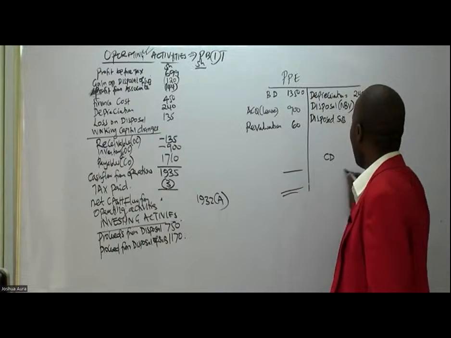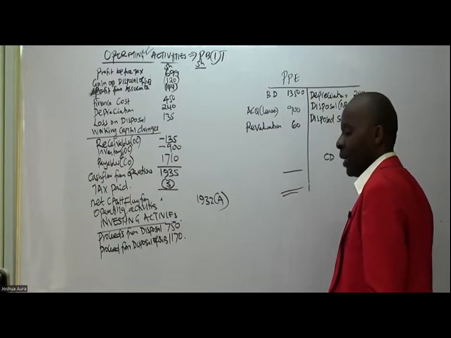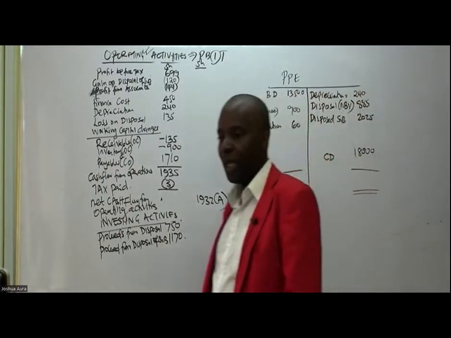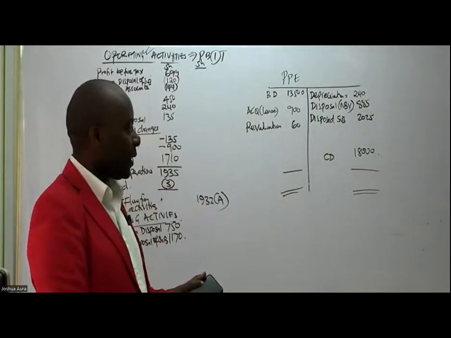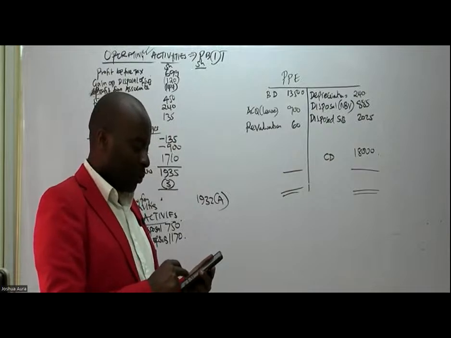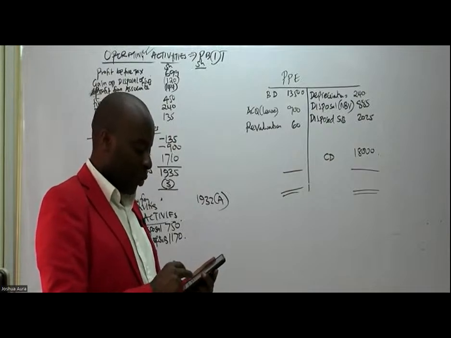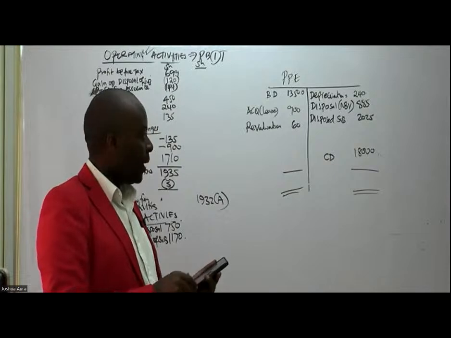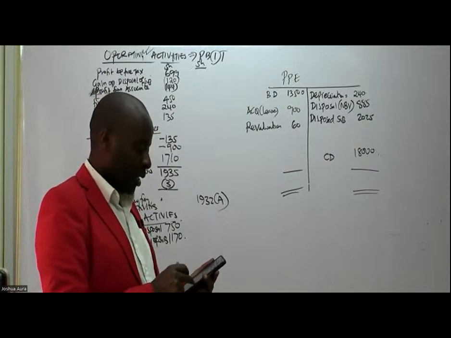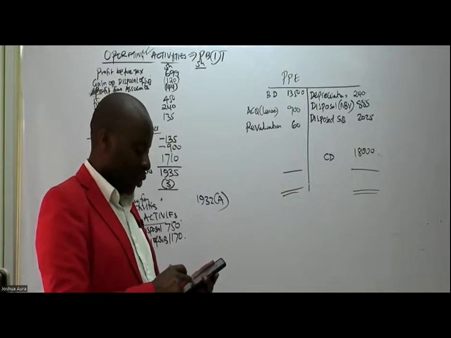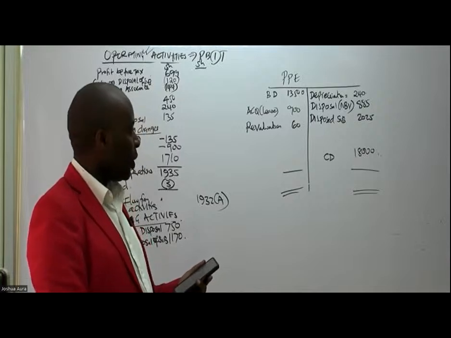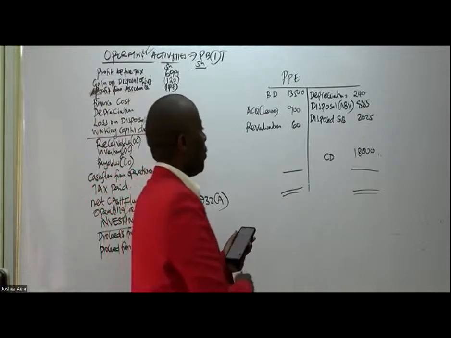So I think we have been able to factor in everything. Come and give us the PPE balancing figure. We have 240 plus 885 plus 2025 plus 18,000. This gives me 21,150.